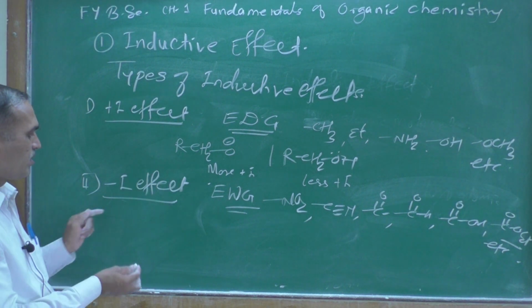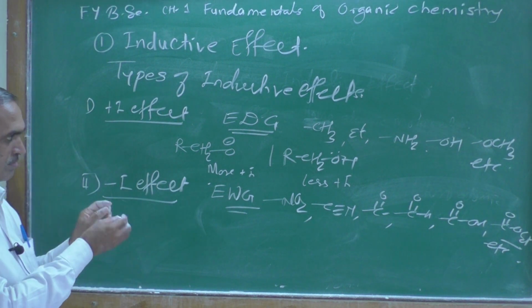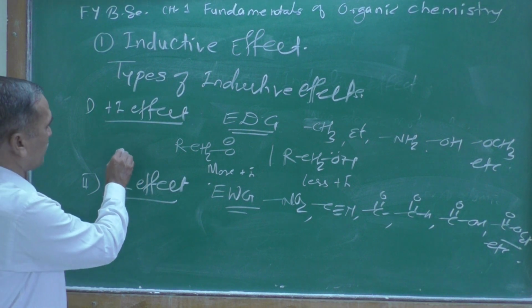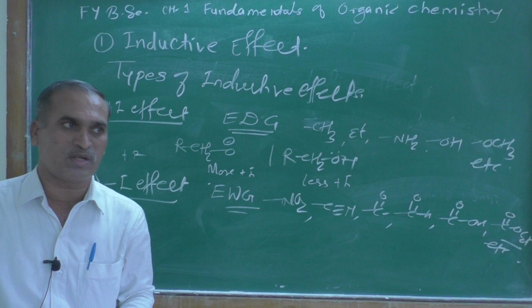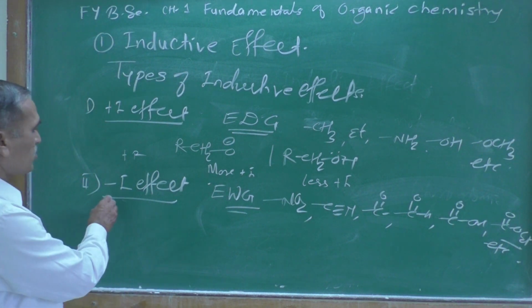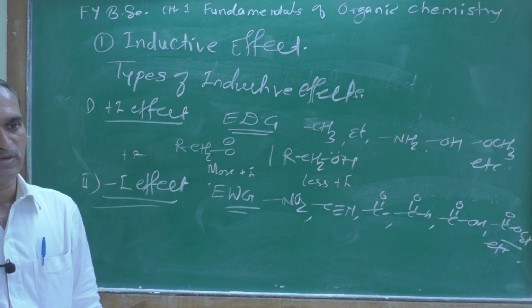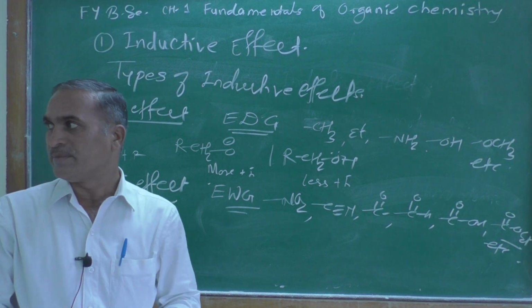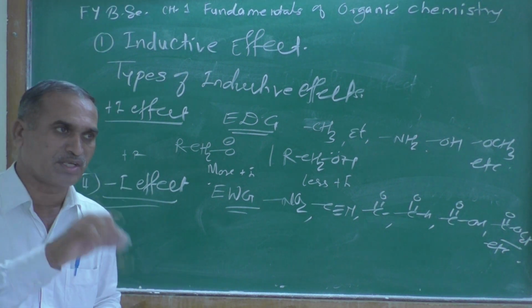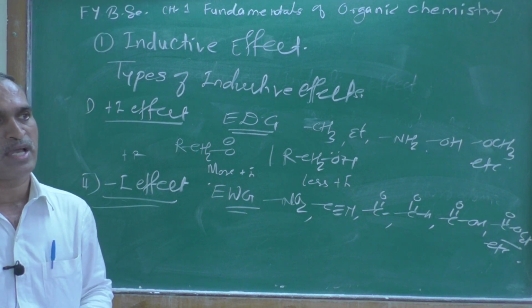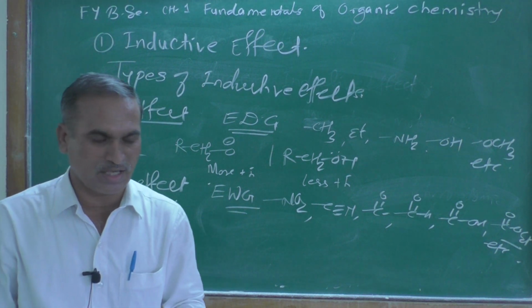If the number of R groups increases, the plus I effect also goes on increasing. In the case of the minus I inductive effect, if the more electronegative atoms increase, the minus I effect also goes on increasing.